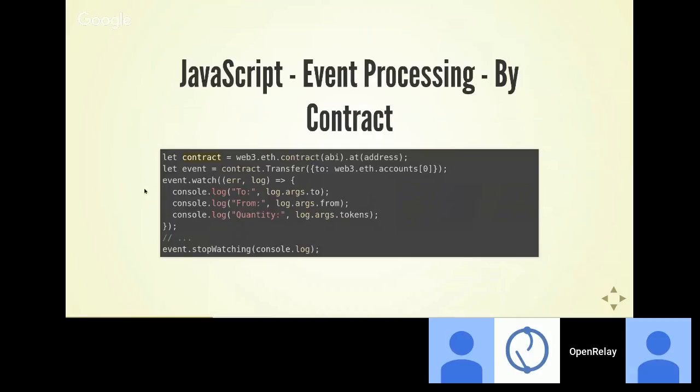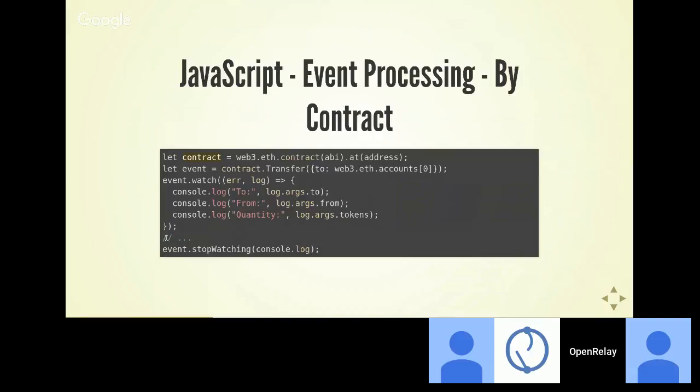This will continue polling the blockchain on a regular basis for any events that match that description. And it will fire this function anytime such an event happens on the blockchain for as long as this application continues to run.